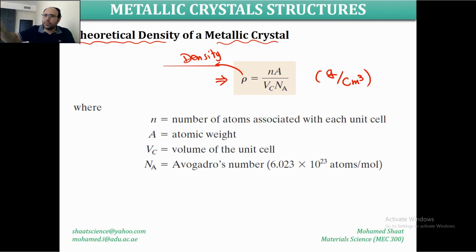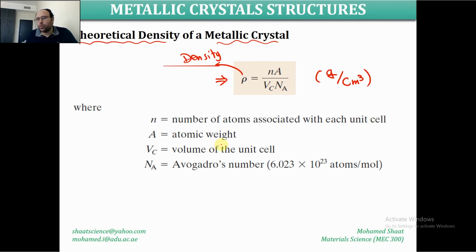If this material has a BCC crystal structure, this n will be 2 atoms. If it is HCP, it's going to be 6 atoms, and so on. So n stands for the number of atoms that fill the unit cell of this material, depending on its crystal structure type.